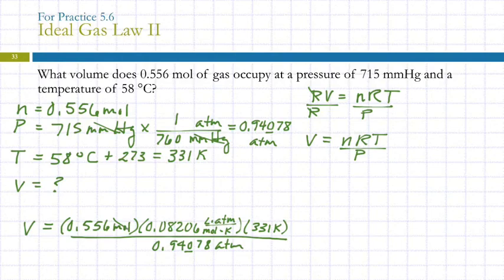Now I can check my units. Moles cancel, atmospheres cancel, kelvins cancel. Do the math. 0.556 times 0.08206 times 331 divided by 0.94078 equals.